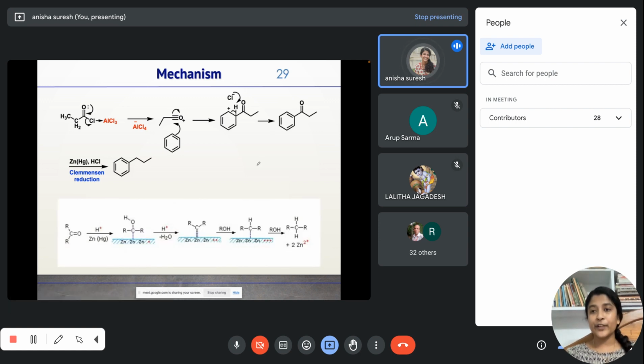So the mechanism of Clemmensen reduction is as shown here. It will be following a carbenoid intermediate kind of mechanism, finally giving alkane in place of this ketone. Is the mechanism of this Friedel-Crafts acylation clear to everyone?